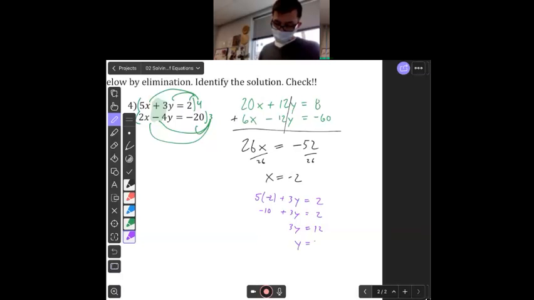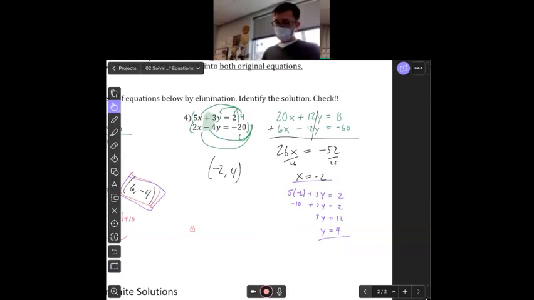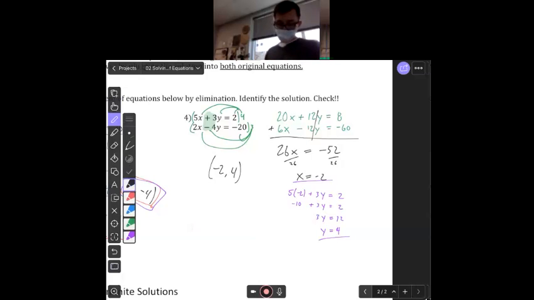So y must be 4. So -2, 4. I mean, just in writing, that was quite a bit less writing than we did on any of the substitution problems. So again, elimination tends to be the one most people prefer when you get a choice.